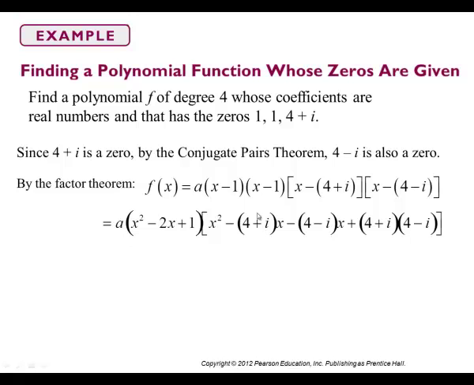Alright, well, can we combine these two? You should have answered no, because they have to be identical. You cannot combine a 4 plus i with a 4 minus i. Alright, so what we can do now is we can distribute the x inside here. So that'd be 4x plus xi, or ix, and then distribute the negative.